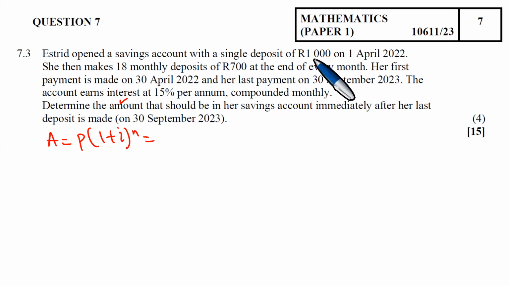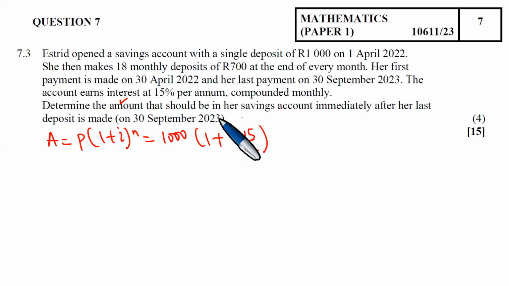Remember, Astrid made a deposit of 1,000. 1,000 into 1 plus, what is the interest? The account earns interest at 15% per annum, but is compounded monthly. You take 15%, obviously you divide that by 100, so it's 0.15. This is 15%, which is 15 per 100. You divide it by 12.